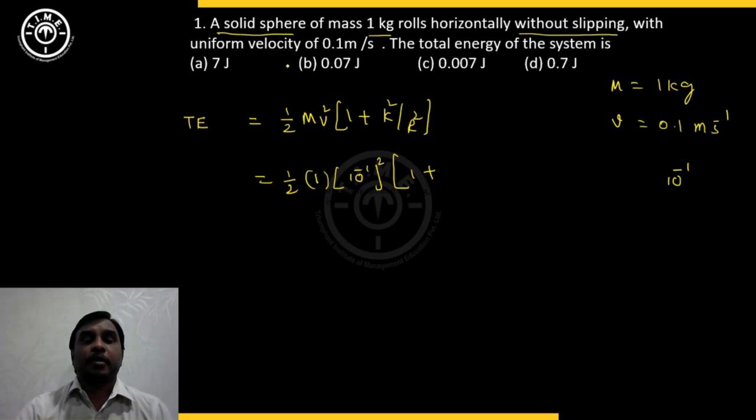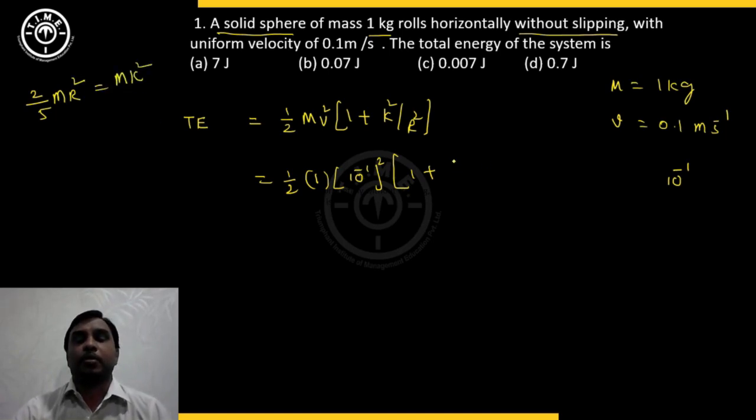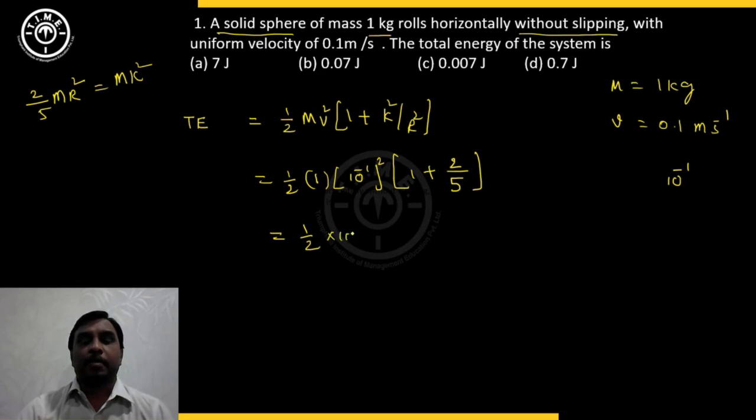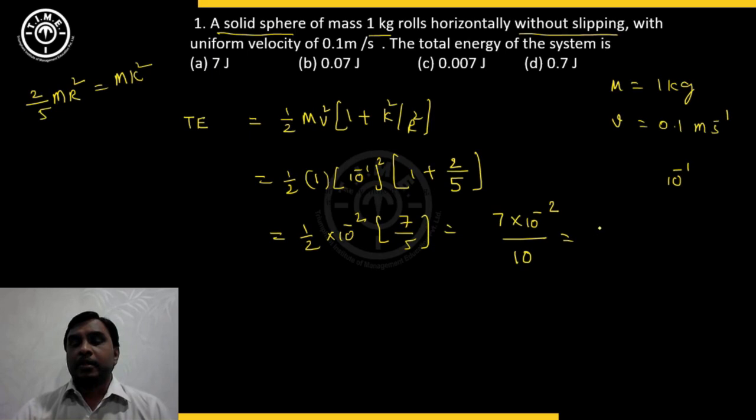The moment of inertia of a solid sphere is 2 by 5 mr square, which is equal to mk square. So that k square by r square value you can write as 2 by 5. Upon simplification, 1 by 2, 10 power minus 2, into 7 by 5. So you can write 7 into 10 power minus 2 divided by 5 into 2, which is 7 into 10 power minus 3.